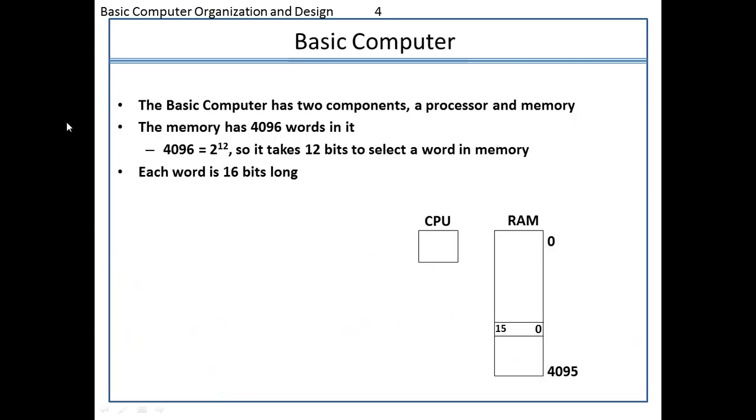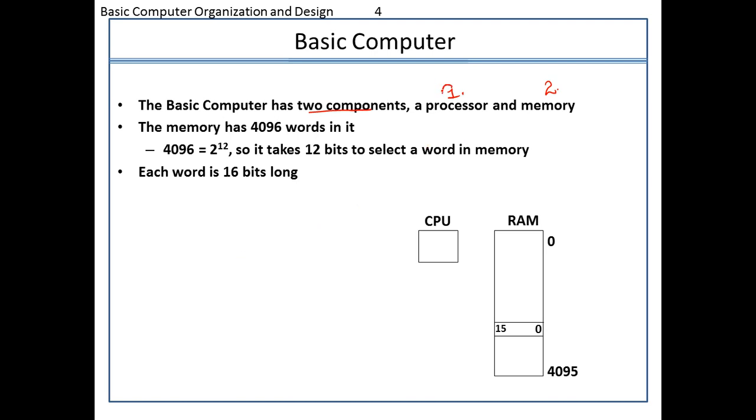So here is the basic computer which I was describing a few seconds before. The basic computer generally has two components: one is the processor, another is the memory. I am using just a basic kind of machine.